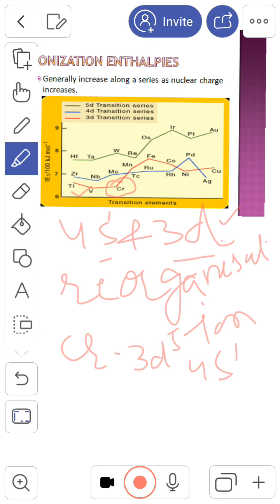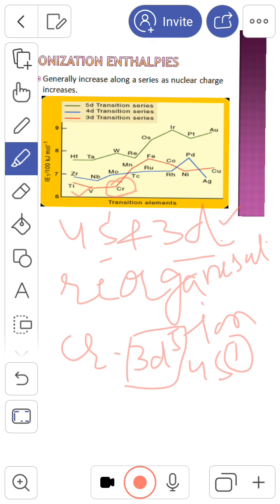If chromium loses one electron, it is left with 3d5 configuration, which is exactly half-filled, a stable configuration. That's why it has the lower first ionization enthalpy in its series.